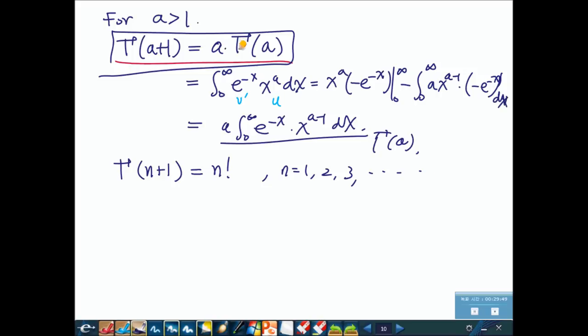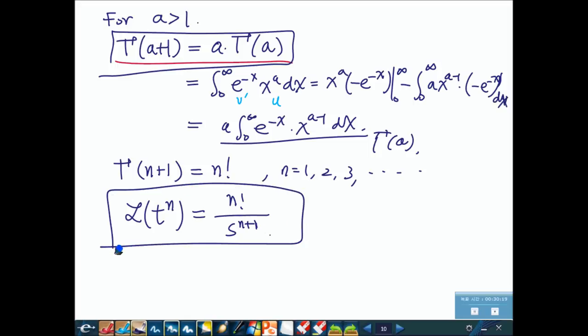Here, a times the gamma of itself means that if it is an integer, then it becomes a factorial. All right? Then we get rid of gamma here. Then the Laplace of t to the n, instead of t to the a, t to the power of integer numbers, becomes n factorial over s to the n plus 1. Okay? So we get rid of gamma out of the equation.